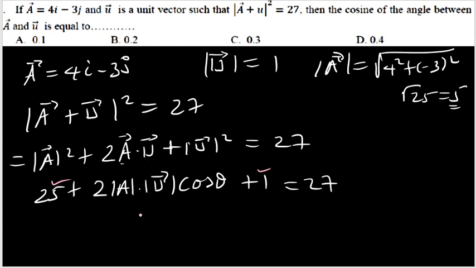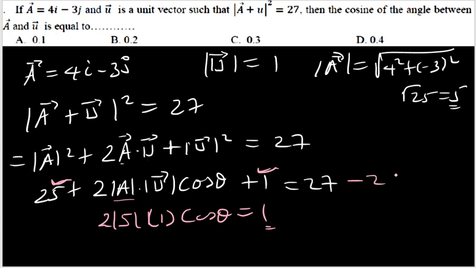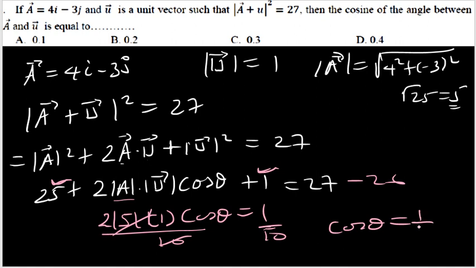When you shift it, it will be subtracted. So 2 times magnitude of A, that is 5, times magnitude of u, which is 1, times cosine of theta is equal to 1 remaining. 2 times 5 is 10, so I can divide both sides by 10. When you divide, cos theta will be 1 over 10, or 0.1. We are asked to find the cosine of the angle between A and u, which is 0.1. The answer will be A.